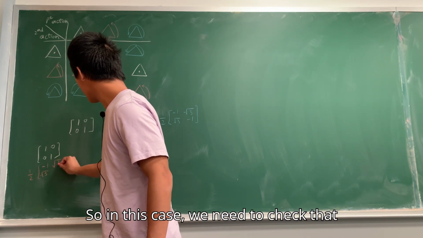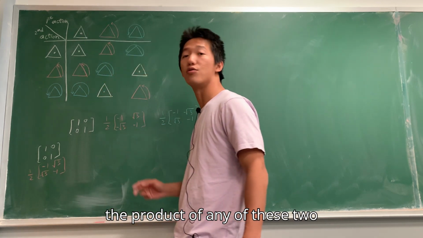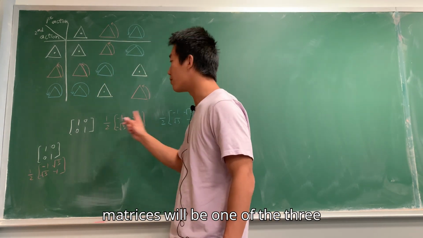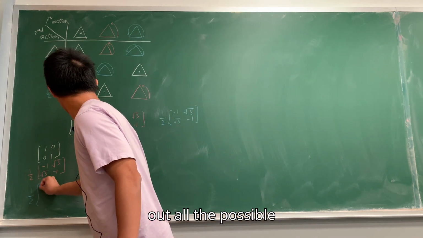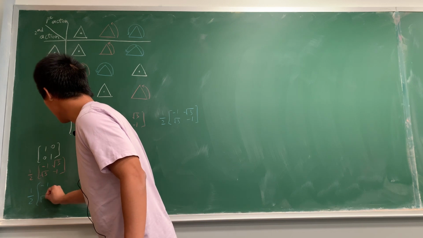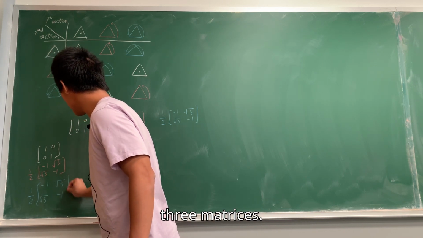So we need to check that the product of any two of these matrices will be one of the three matrices. Let's draw out all the possible multiplications we can have within these three matrices.